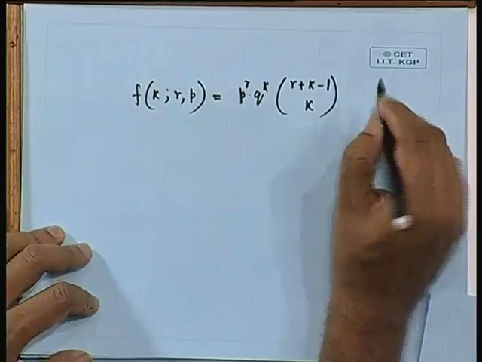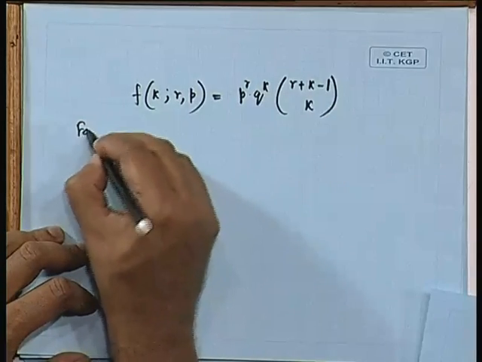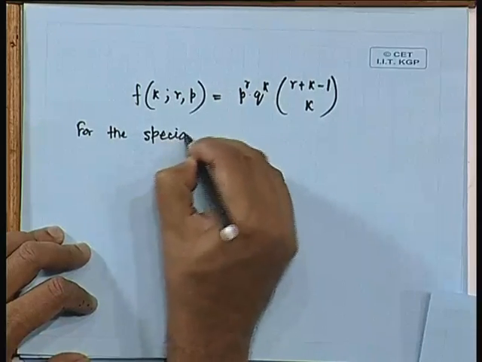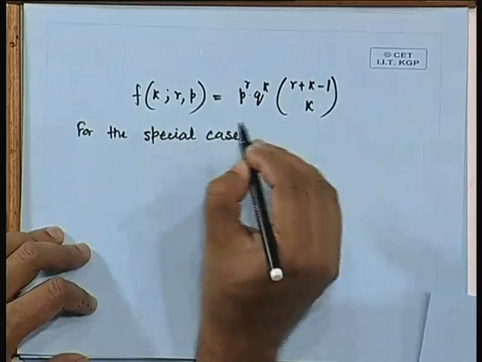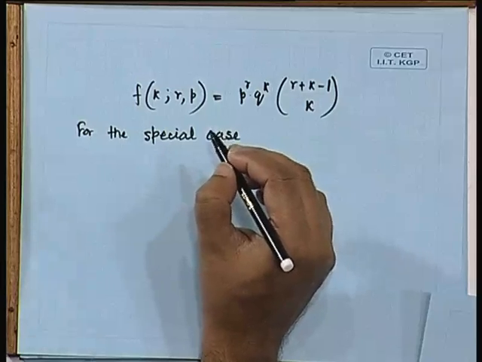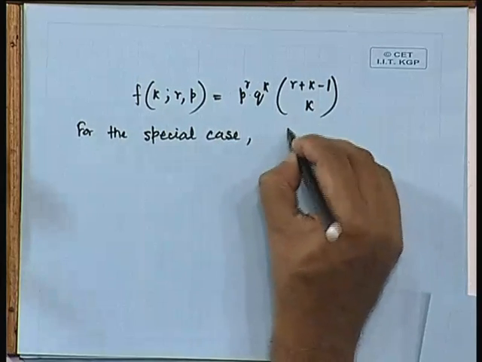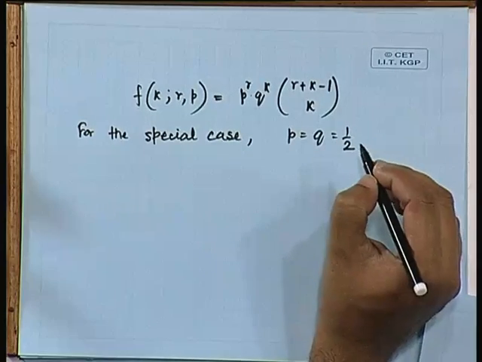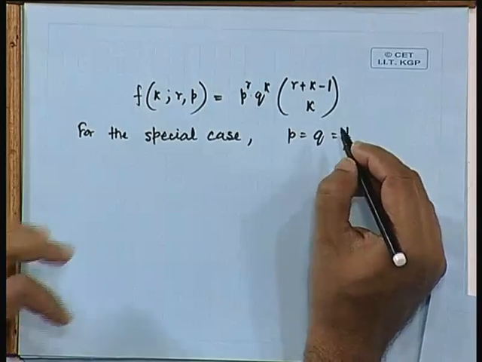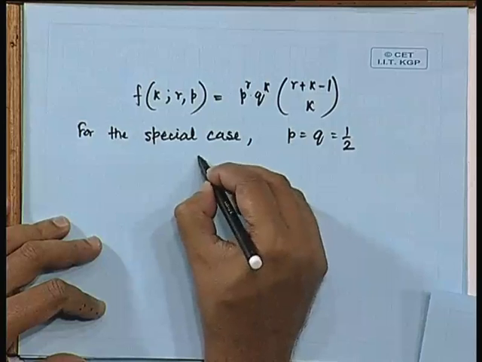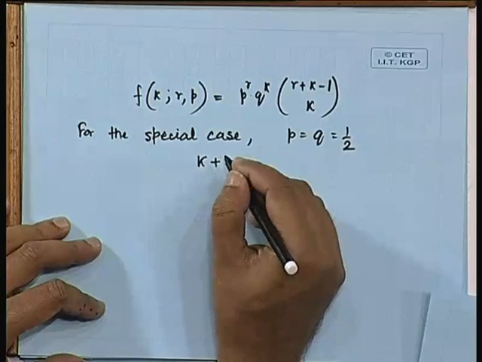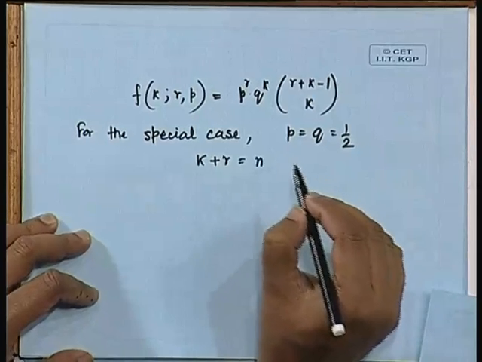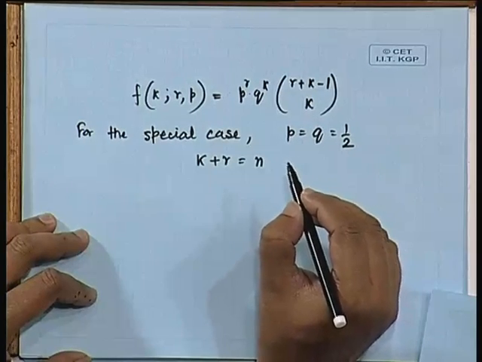Now, let us take a very special case, which is nothing unrealistic: a fair coin toss. For a fair coin toss, P is equal to Q is equal to half. As a special case, we take k plus r equal to n.